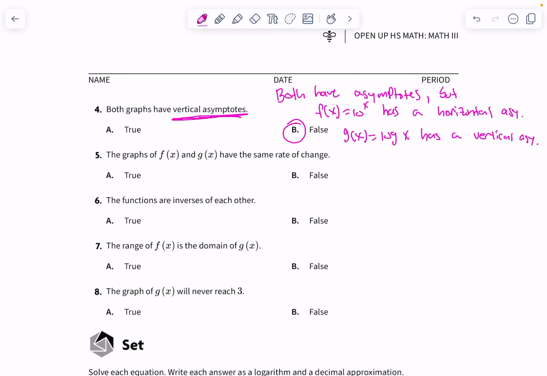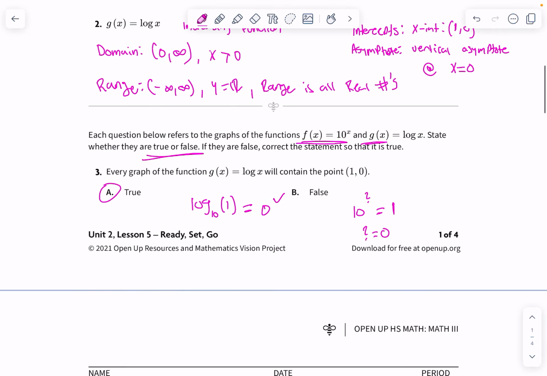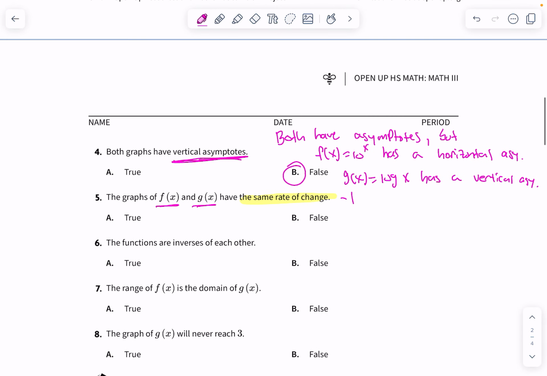The graphs of f of x and g of x have the same rate of change. So rate of change, this is an interesting concept, but what does it mean? It means, think about what happens as x increases.